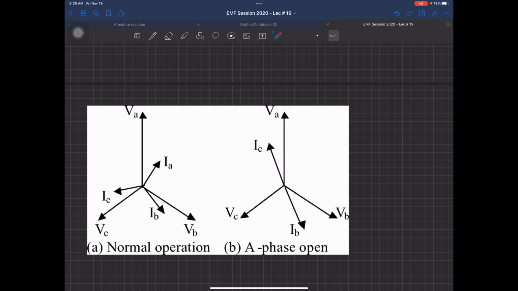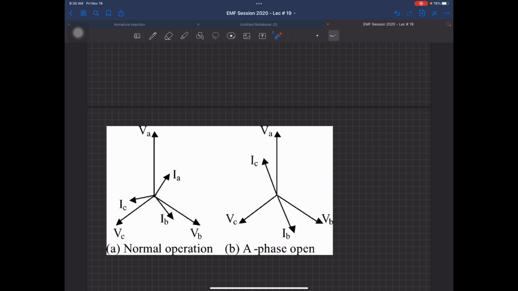But if you look at the B diagram, what is happening there? You can see very carefully that the IA vector is missing. So you had a machine, with this as your A phase, this as your B phase and this as your C phase.